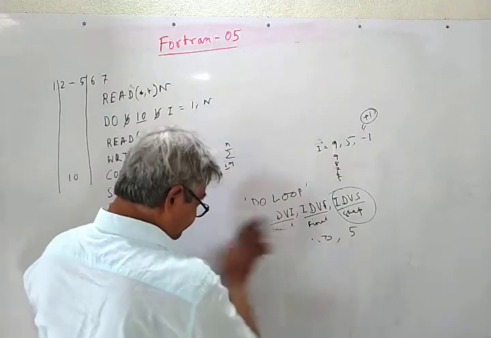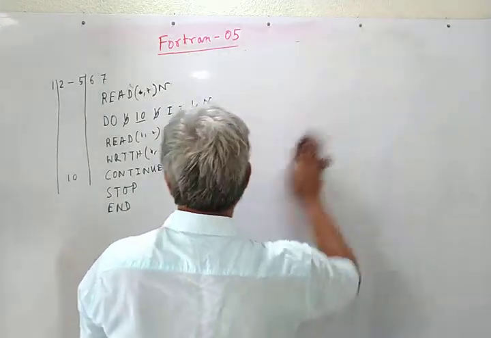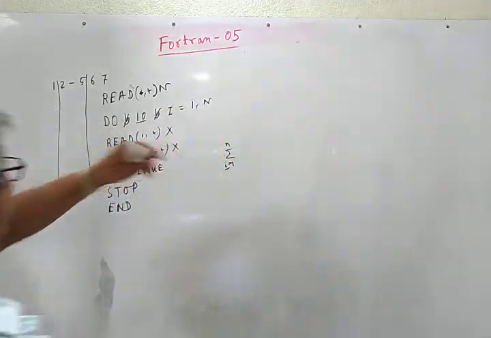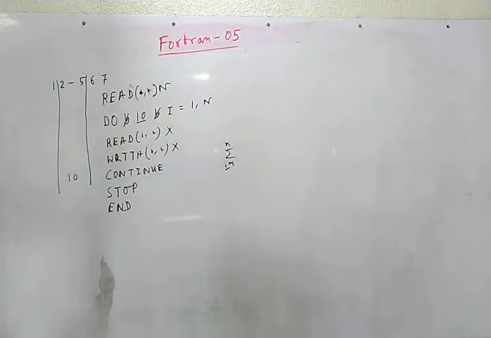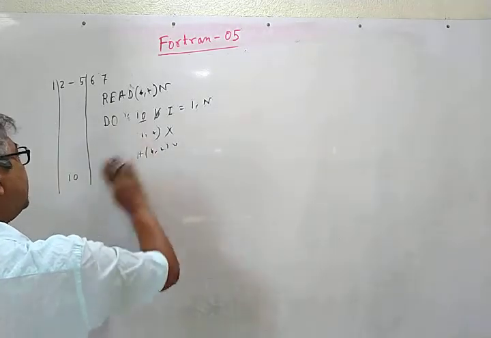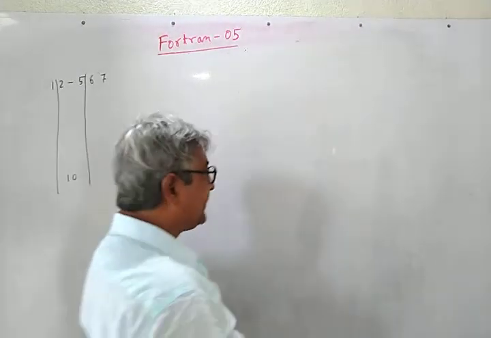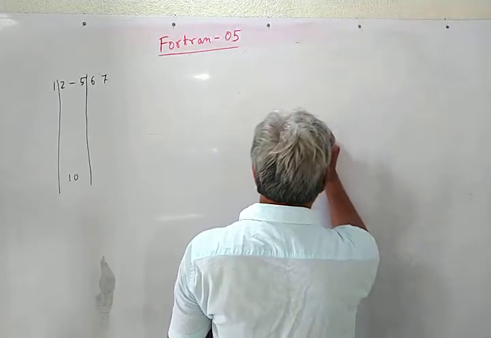I will now consider another example which will be very useful for calculating sums in computer programming. So now I come to the program of calculating the arithmetic mean of a given number of data.